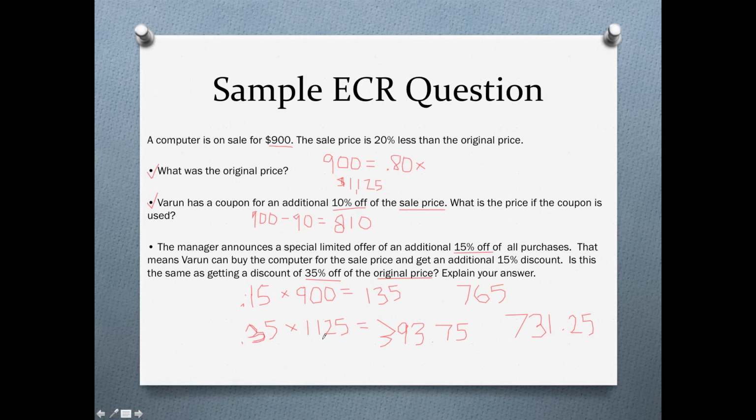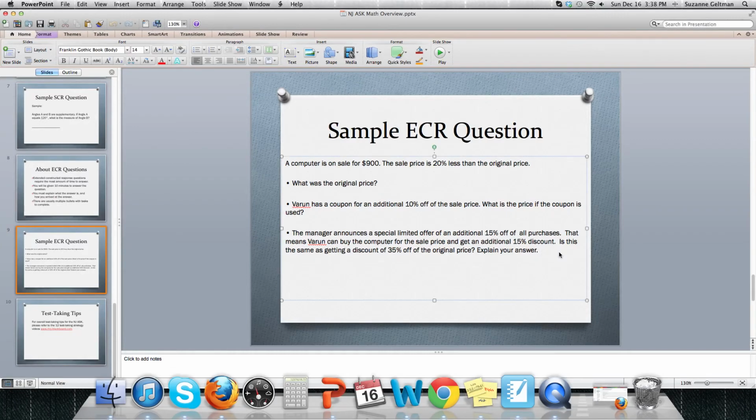The last step in an extended constructed response question is to explain your answer using words. And since this pen is giving me a little bit of trouble, I'm just going to write it in the document itself. So after you solve everything, then the last step is to explain it, and you can use this format.